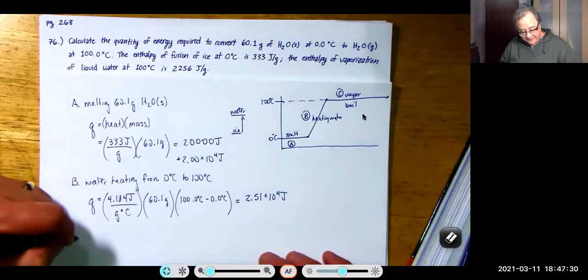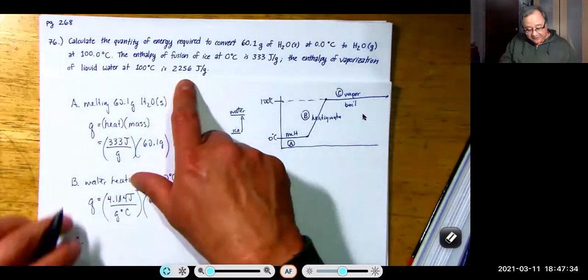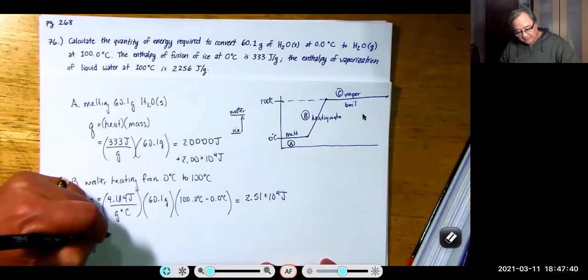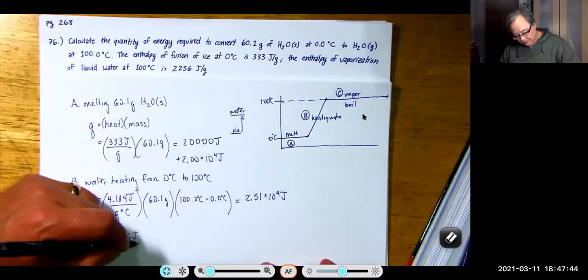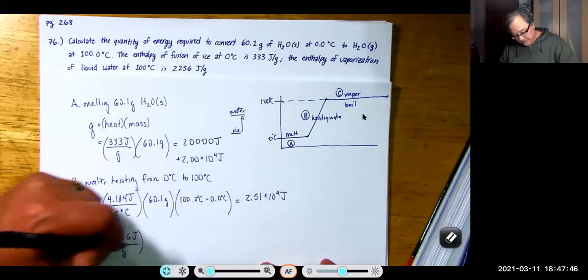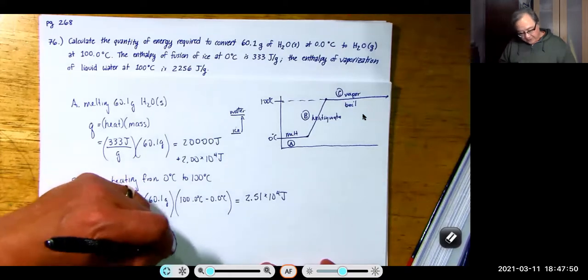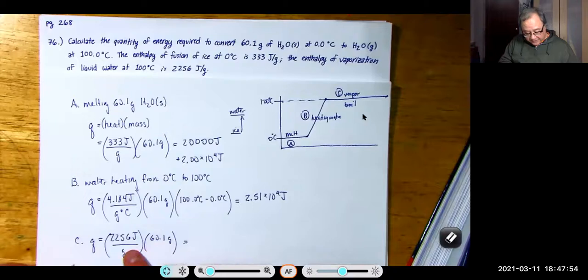And for C, we're going to use the heat of vaporization. So Q is equal to 2256 joules per gram times 60.1 grams. This is kind of a hard one to estimate, but you can tell it's going to be clearly 22,560 and then times 6.